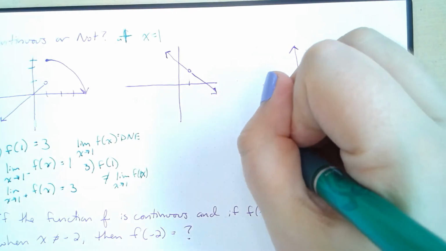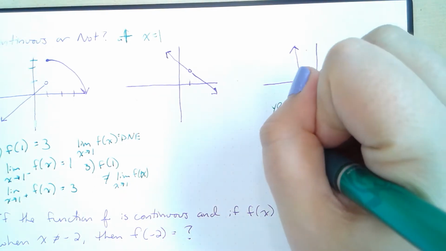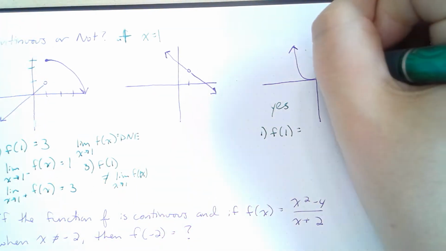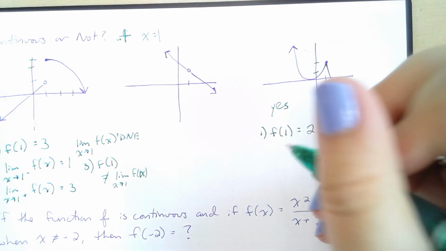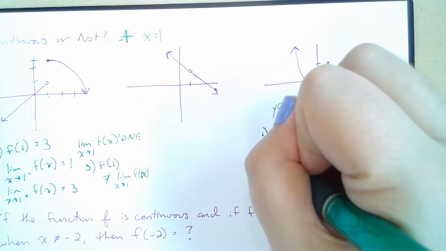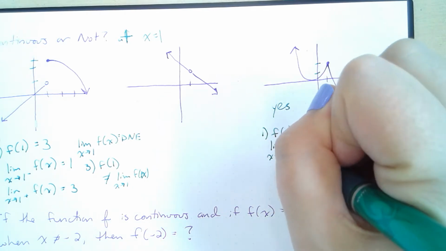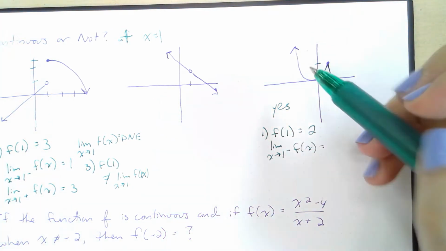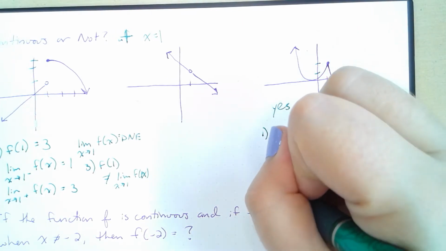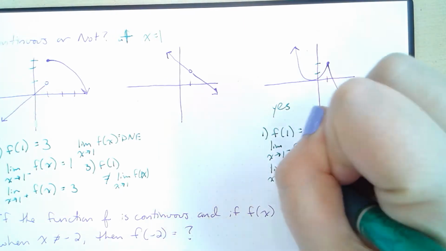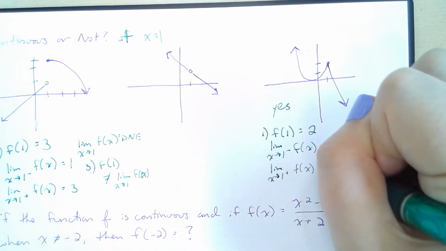Let's prove that. For point 1, f of 1 is equal to, let's call it 2. Again, I didn't label my graphs very well. The limit as x approaches 1 from the left of f of x is 2. The limit from the right of f of x is equal to 2.